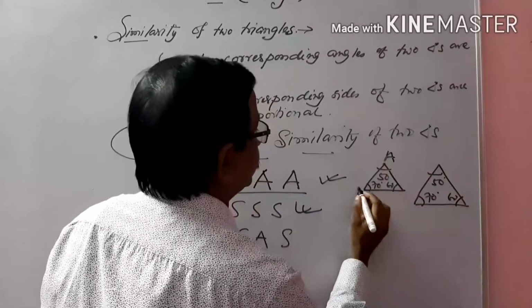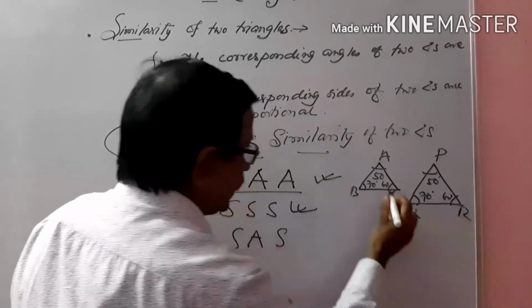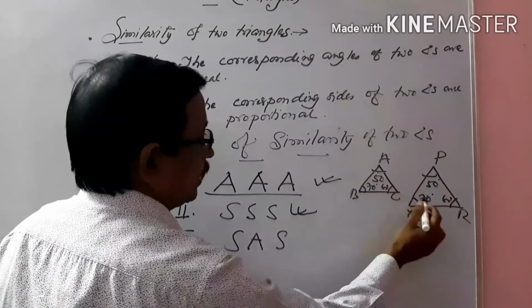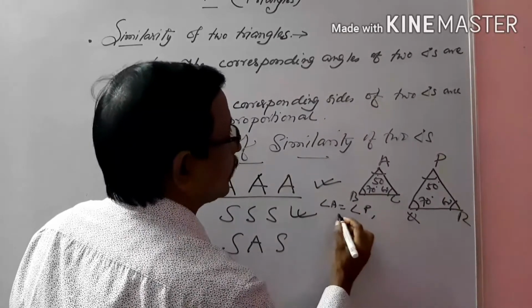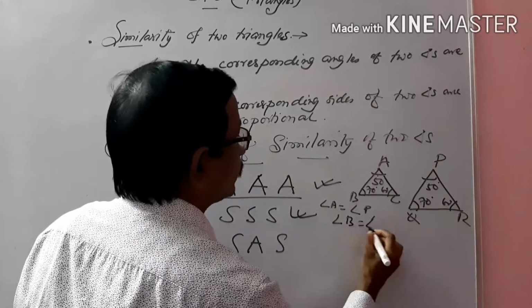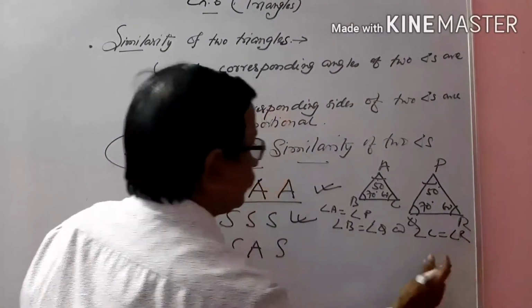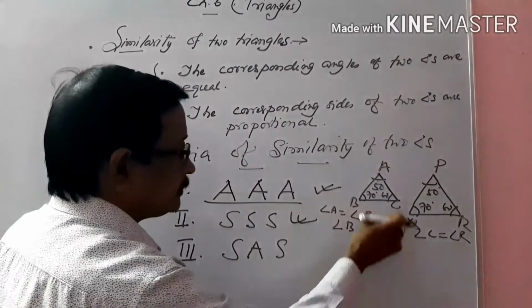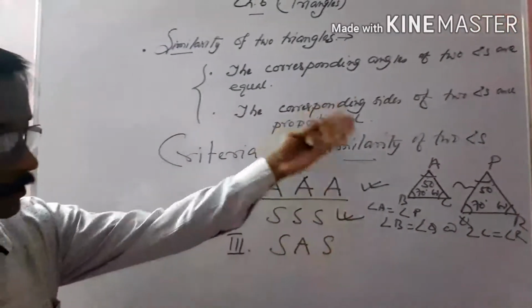This one is ABC and this one is PQR. As corresponding angles are equal, angle A equals angle P, angle B equals angle Q and angle C equals angle R. If it is like this, then these two triangles are similar. But how to prove that, I will show.